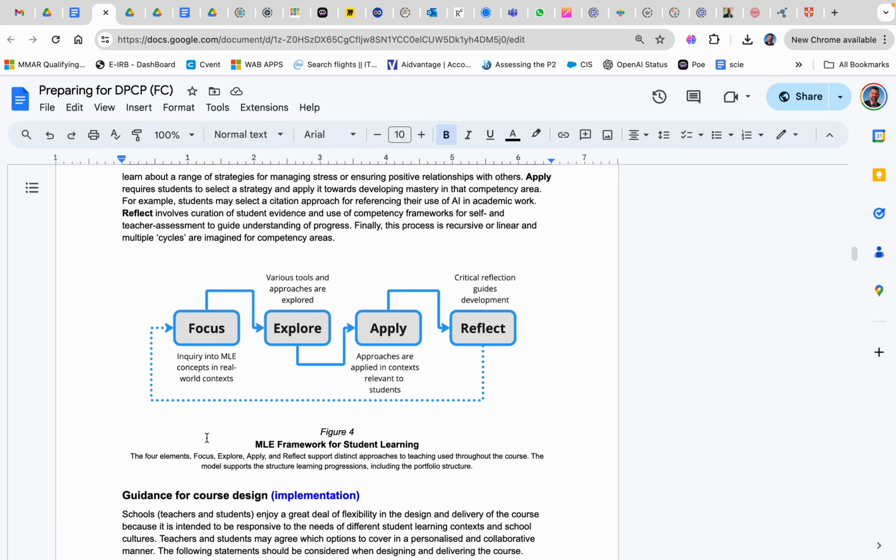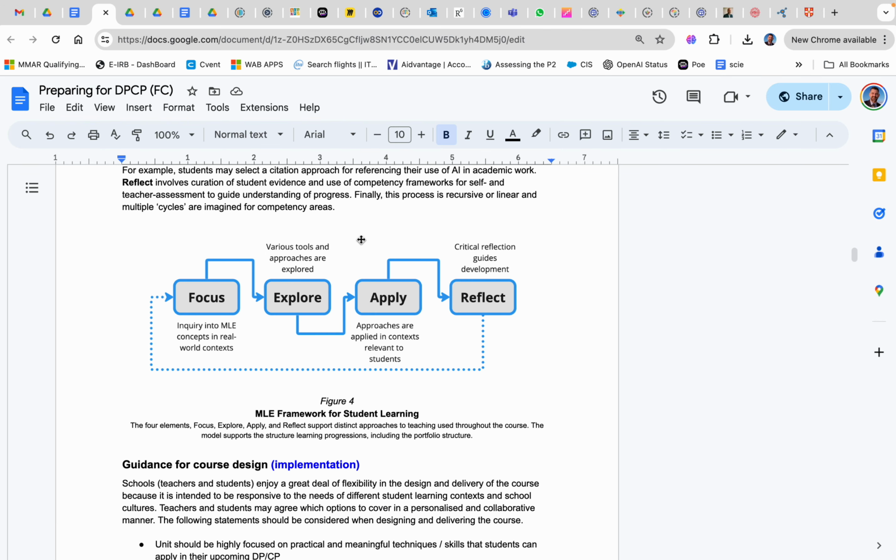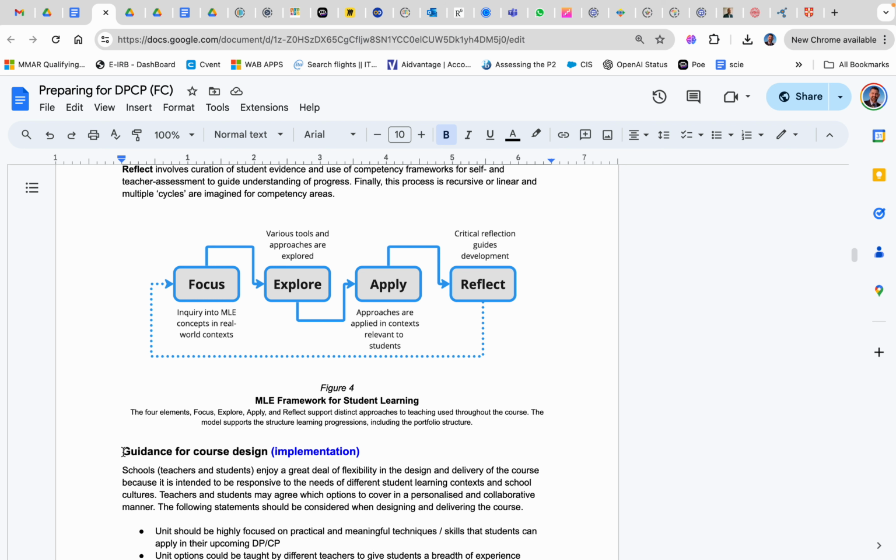So again, adapting a version of a figure from the Digital Society's subject guide, imagining the process for student learning in the course, a competency-based progression involving this process of focusing on real-world contexts. I need to understand someone else's culture. I need to communicate with someone who's maybe of a different culture.